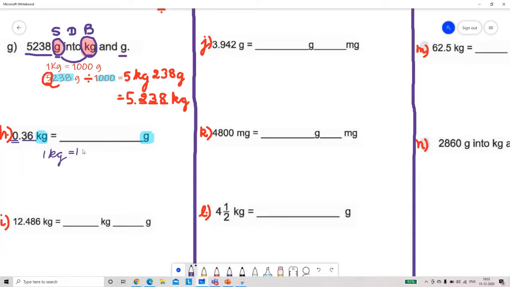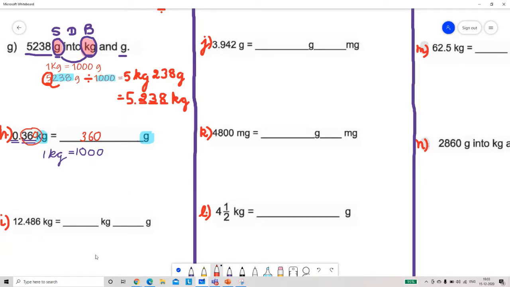So 1000 has how many zeros? 1, 2, 3 zeros. And how many places are there? Only 2 places. So we need one more digit. So which digit will we take? We will write here 0. So this will become 360 grams. So this is our answer.